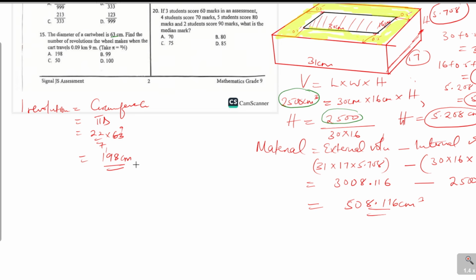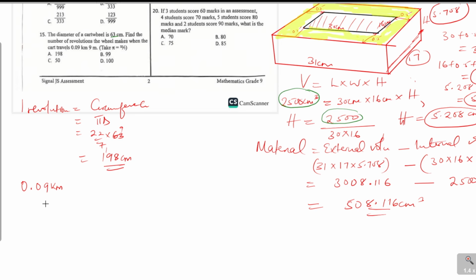That is the circumference. Now we need to find the number of revolutions the wheel makes when the cart travels 0.09 kilometers. So we need the whole of this distance. First, we convert that into centimeters.